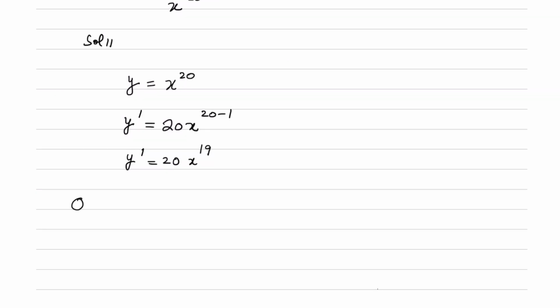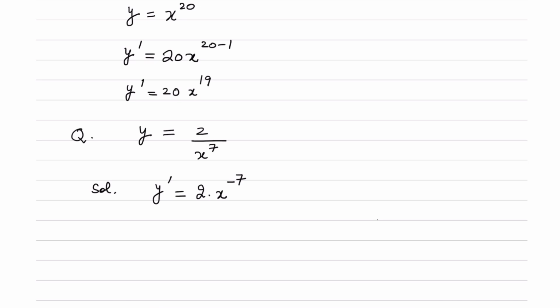Let's attempt one more question. You have to find the derivative of an expression y is equal to 2 over x to power 7. Since this is a fractional expression, we can apply the quotient rule, but we can avoid that. We can simply rewrite this expression as 2 into x to power minus 7. And now we can apply the power rule.